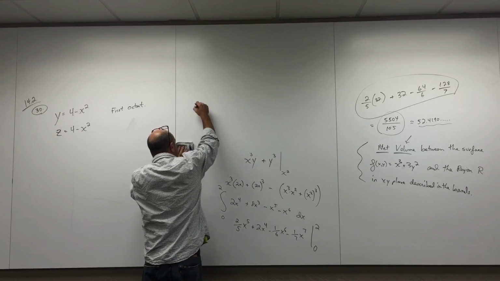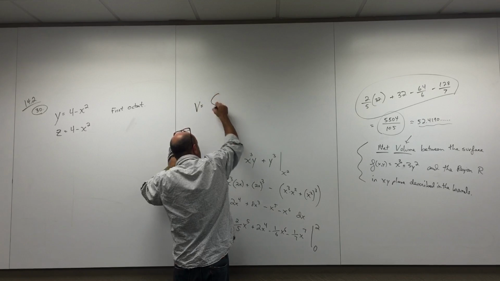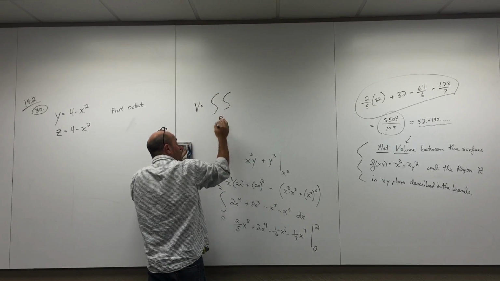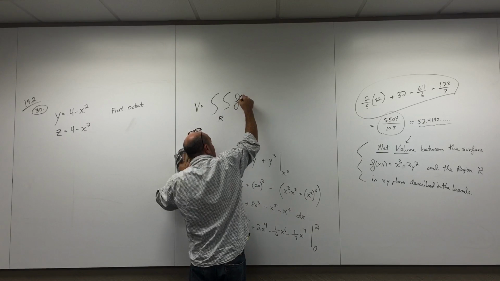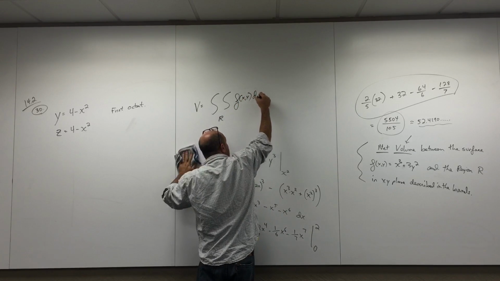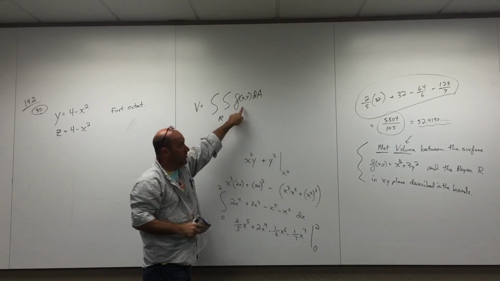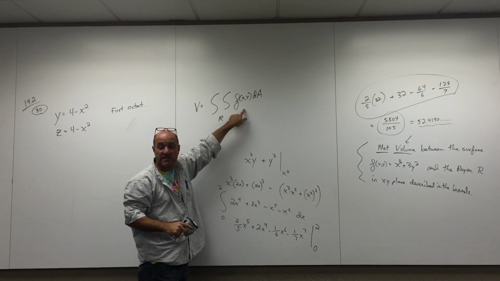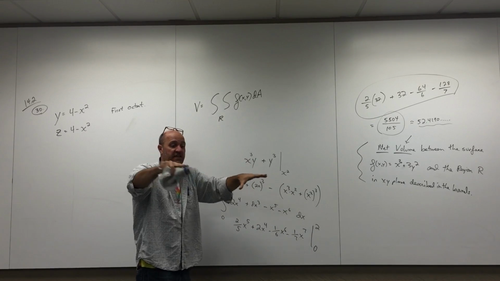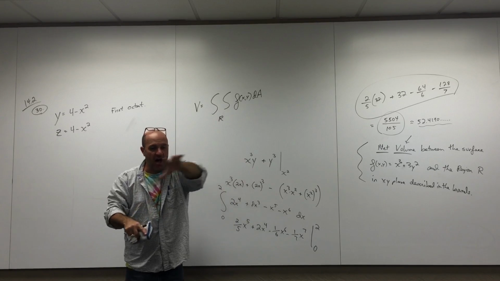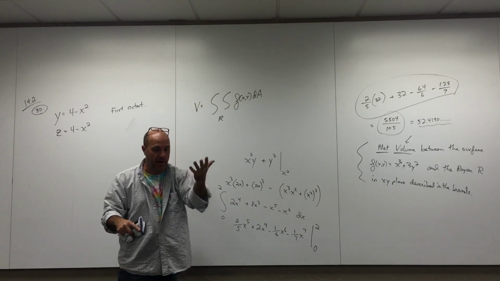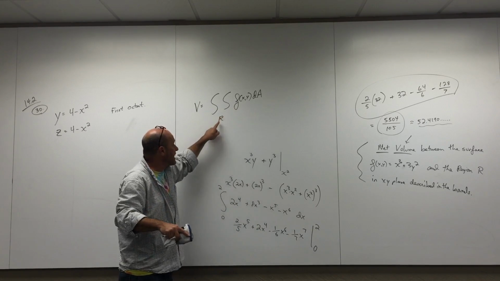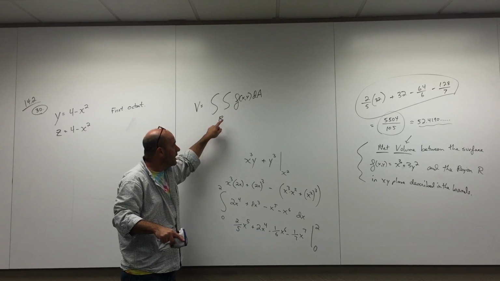The main thing I need to do volume is to figure out the region over which I'm integrating. What's my ceiling? What surfaces am I integrating? What's the upper surface and what's the region in the XY plane over which I'm integrating? That's the main things I got to figure out.